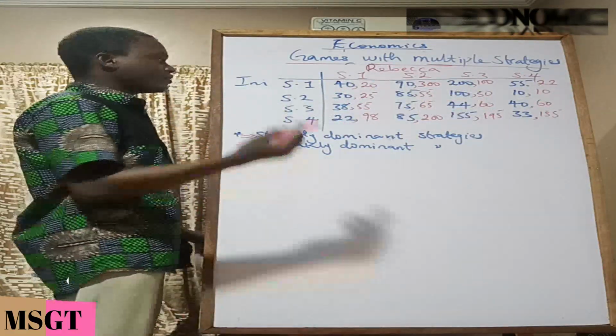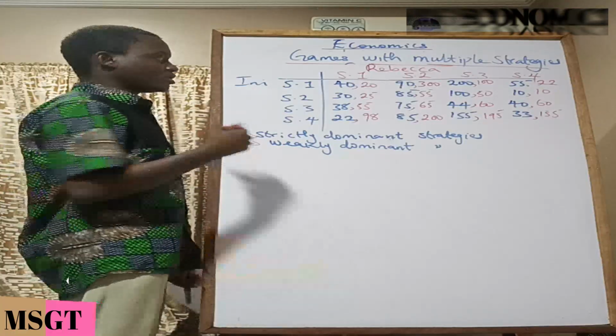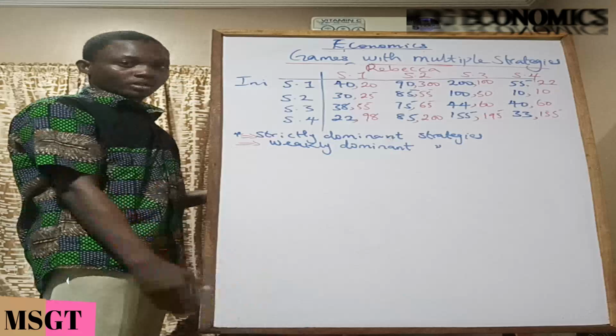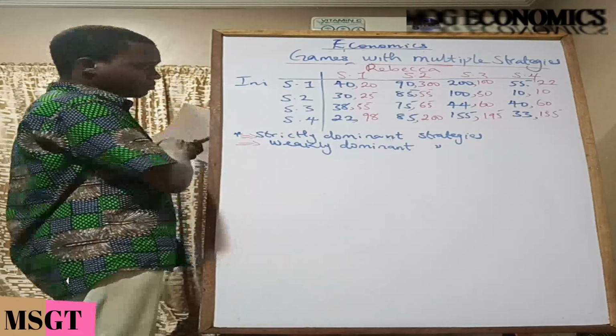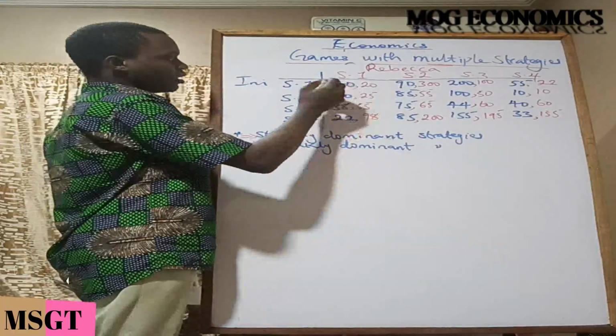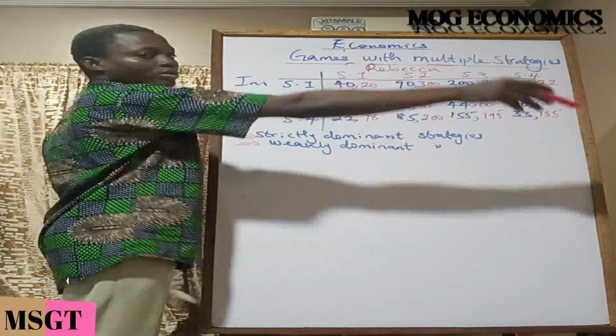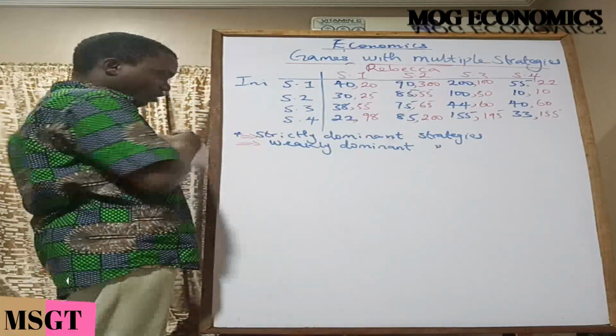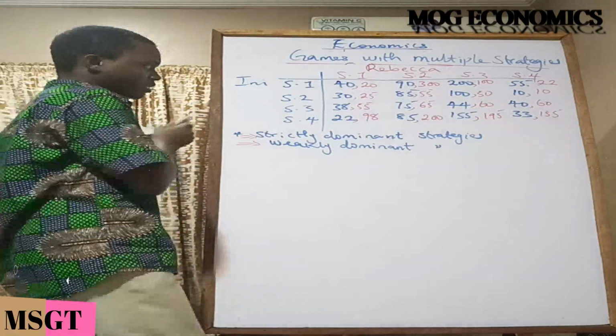All right. Does any one of them have a dominant strategy? Now, how do we get to that? Normally I'm supposed to rewrite the whole thing, or should I? So Ini is going to be comparing strategy one against strategy two, against strategy three, against strategy four to see if she has a dominant strategy. All right. Let me just write the pairs for Ini.